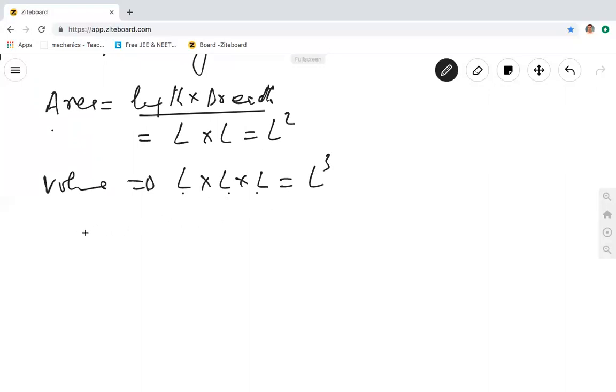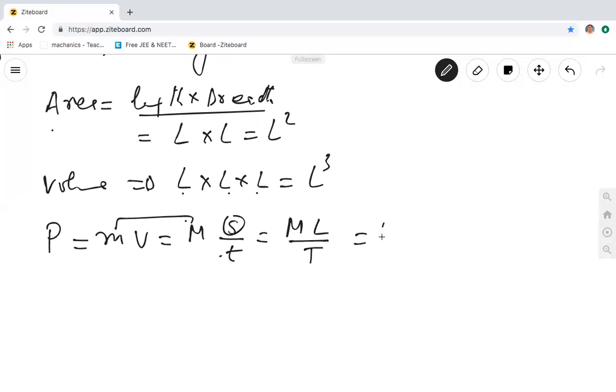Then there may be momentum. It is defined as mass into velocity. Mass is m, fundamental. Velocity is distance by time. Distance is L because it is length, and time is t. So it is m L t to the power minus 1. So this is a derived physical quantity.